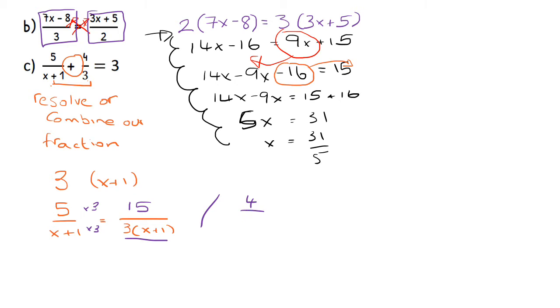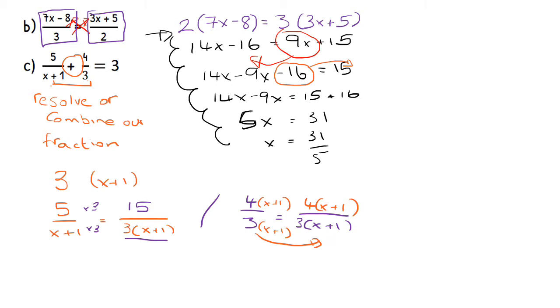Similarly, our 4 over 3, we're going to turn into something over 3 upon x plus 1. And similarly, how do we get from here to here? You have to multiply by x plus 1, top and bottom, to the point that gives us 4 upon x plus 1.